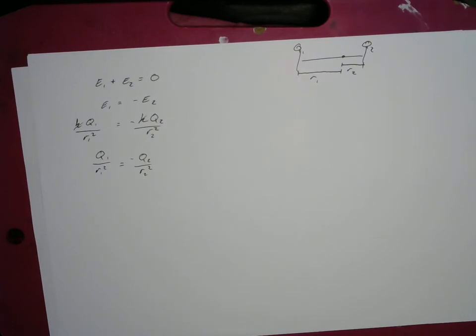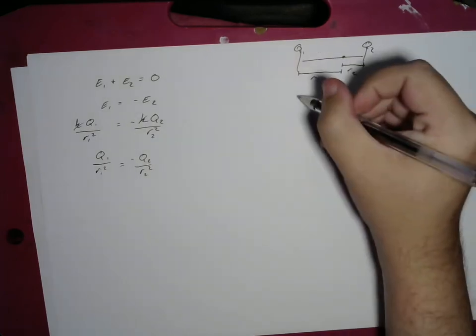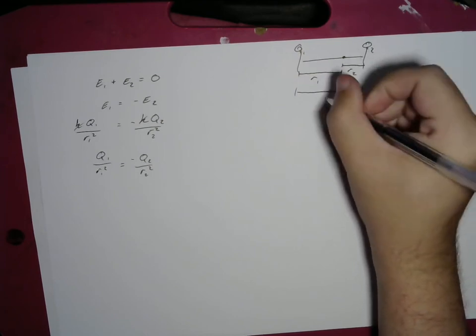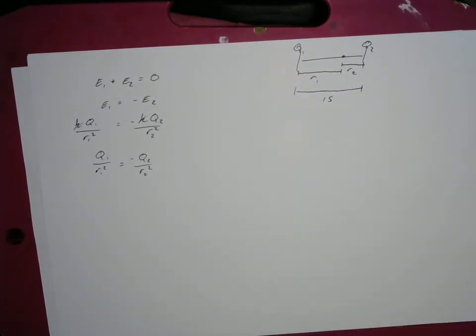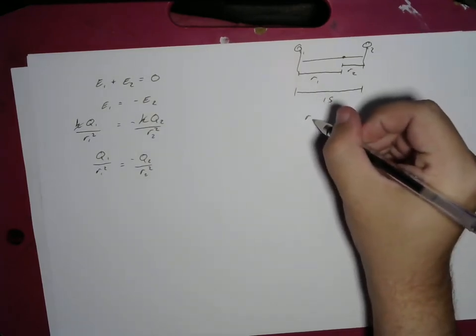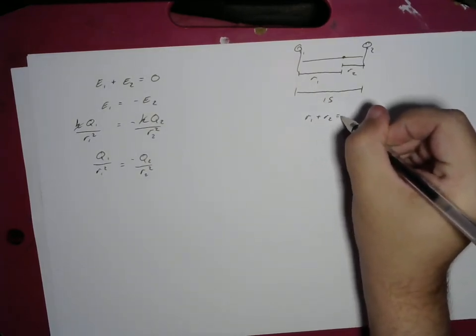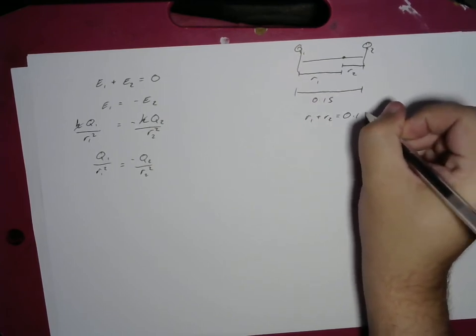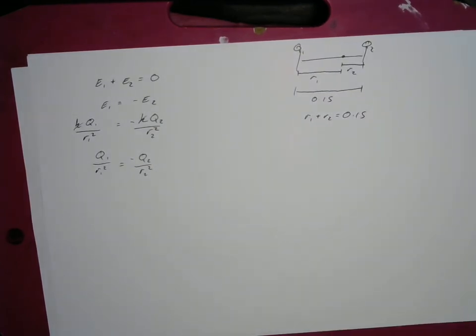Alright, well, we've got Q1 and we've got Q2, that's good, but we don't know R1 and we don't know R2, that's bad. We have two unknowns but only one formula. But the really good news is we know that this whole thing is 15. So one way of writing this is that R1 plus R2 must equal, not 15, sorry, 0.15.